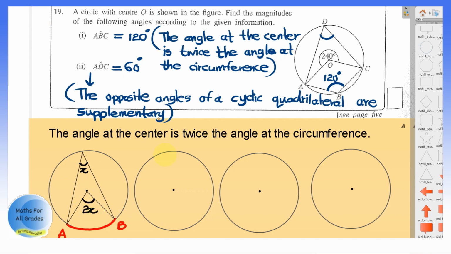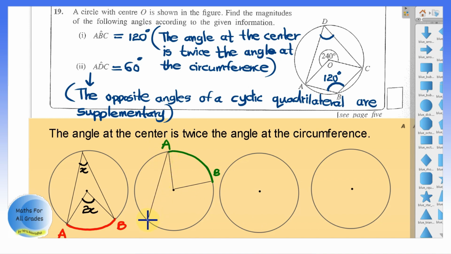Let's see another application. I'm using a minor arc again. Let's say this is AB. This angle is subtended by AB minor arc at the center, and the angle that I'm now drawing is also subtended by the same arc. So according to this theorem, if the angle at the center is 120 degrees, this angle will be 60 degrees, half of that.